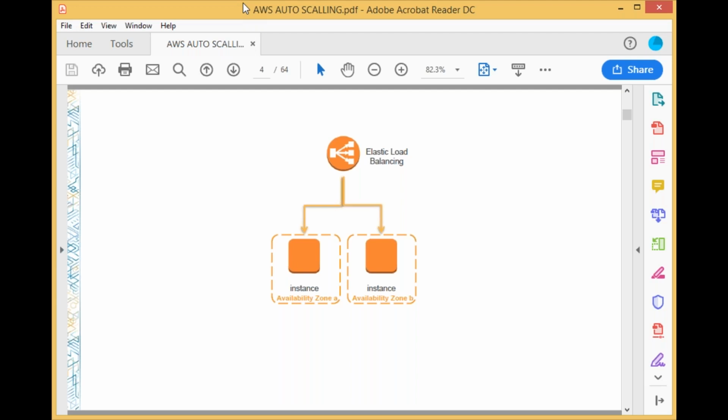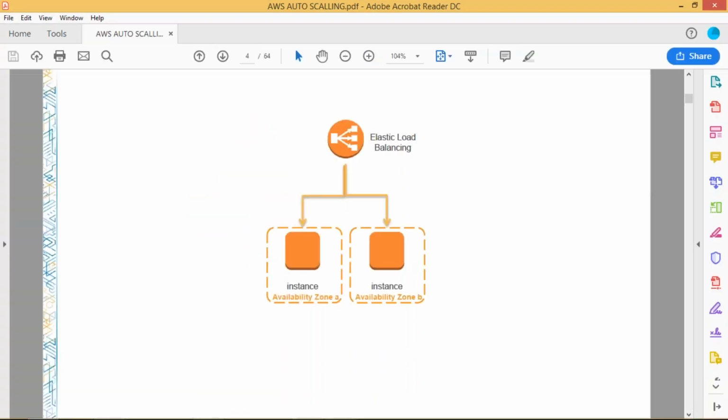What is a load balancer? Have you ever used a load balancer? I have not used that, but when there are multiple servers and we need to access the website or some resources, then the count of the hits will be automatically distributed to the different servers in the background.